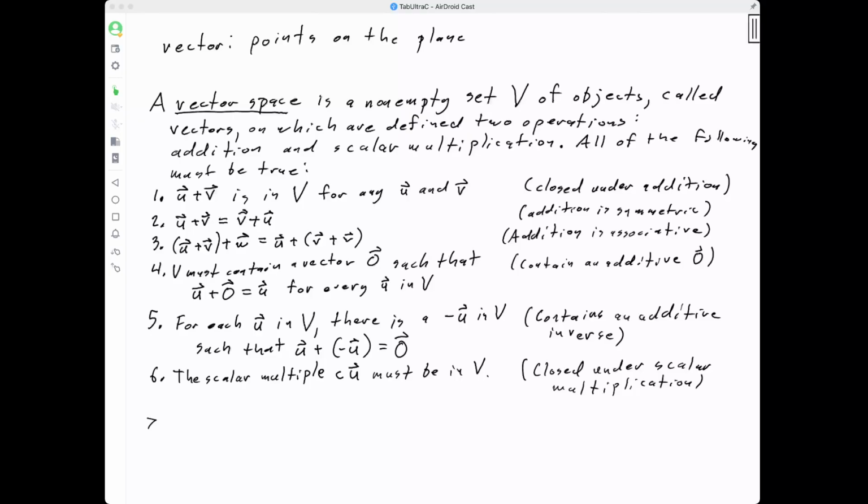The seventh fact that has to be true is that c times u plus v has to equal c times u plus c times v. So this is the distributive property.